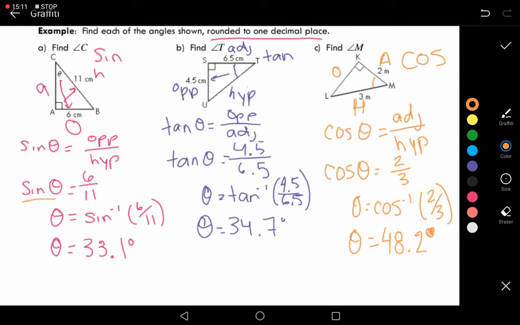And just as a good habit, what you should be doing now is just going back and making it obvious what your answer is. So just your little therefore statement, three dots, therefore angle C equals 33.1 degrees.